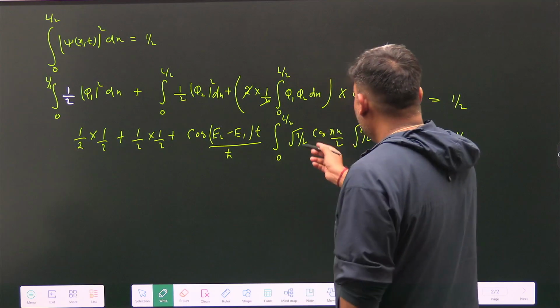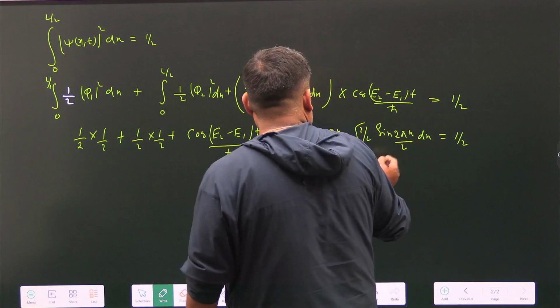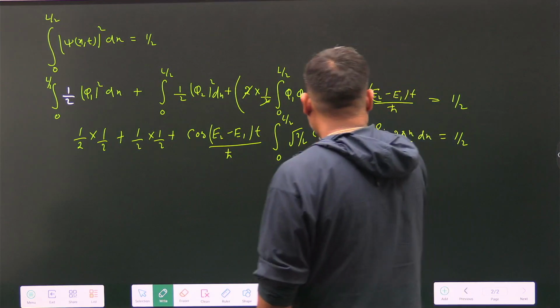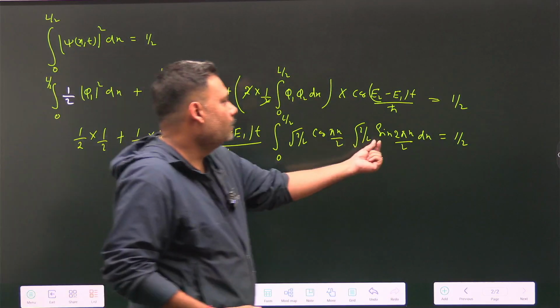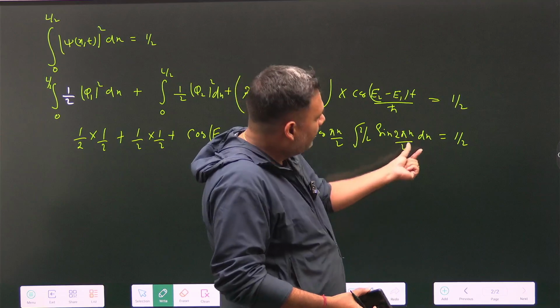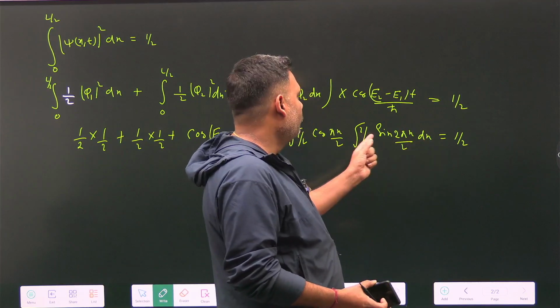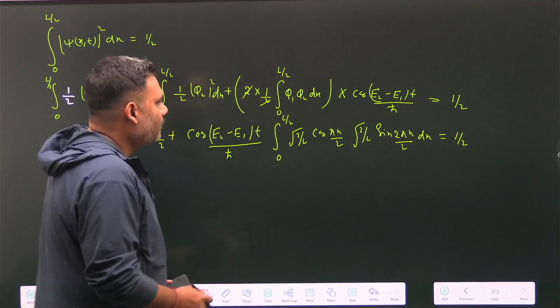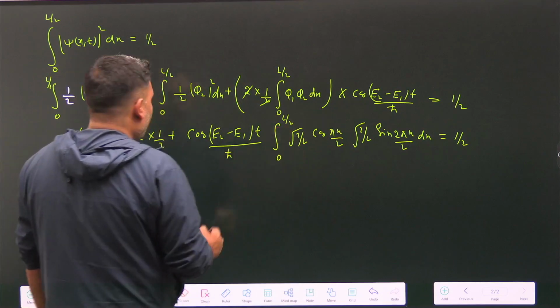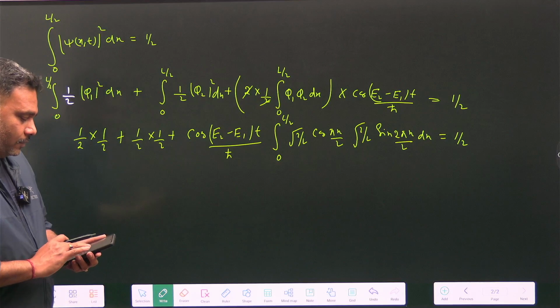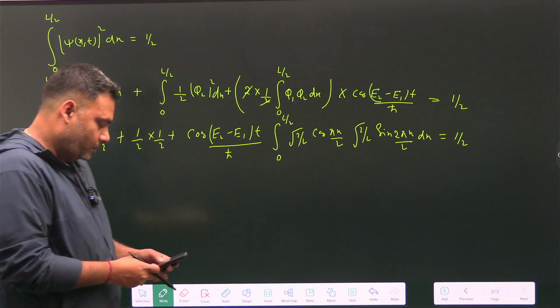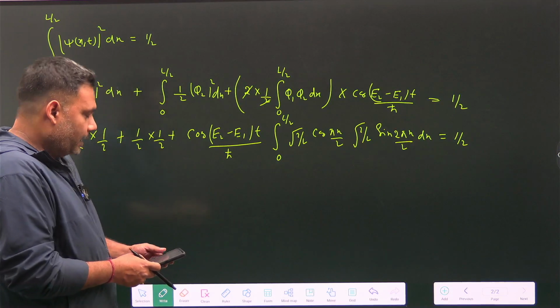When we go for this particular integration of cos and sine 2 pi x, we can easily solve it by opening up sine 2 pi x as sine pi x by L into cos pi x by L into 2. So this integration will come out to 4 by 3 pi. Let me check. So that is 4 upon 3 pi.